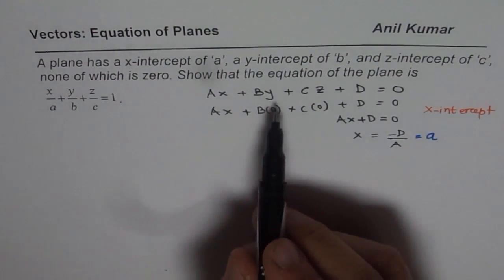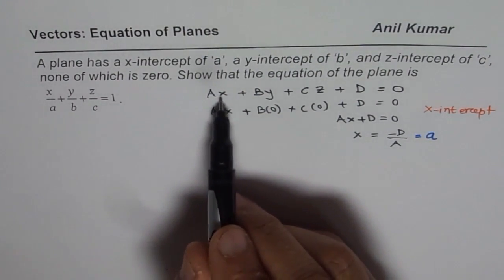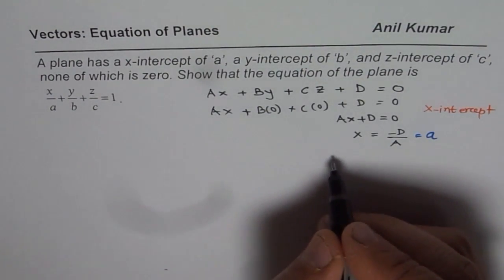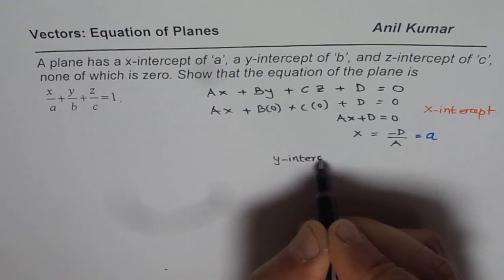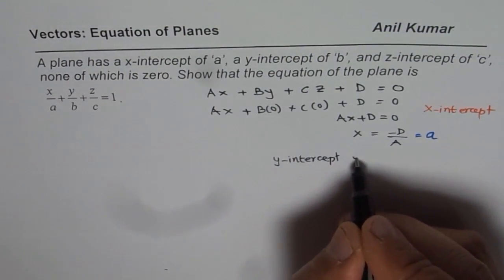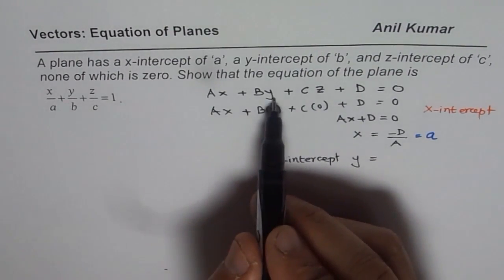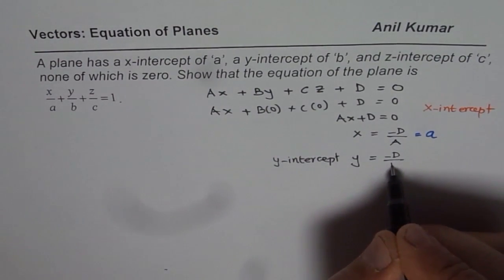Similarly, we can find the y and z intercepts. To find the y-intercept, I will place 0 for x and z, right? So we get the y-intercept. I hope the steps are clear. So the y-intercept will be, when these two are 0, minus d divided by the coefficient of y, which is b, right? So it is minus d over b.